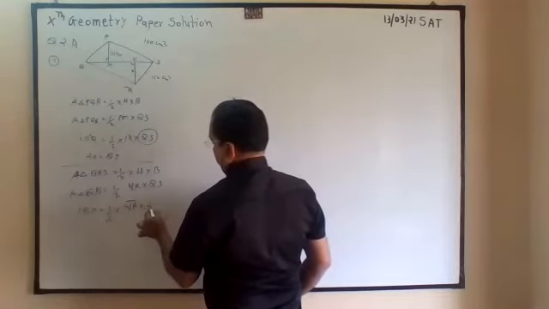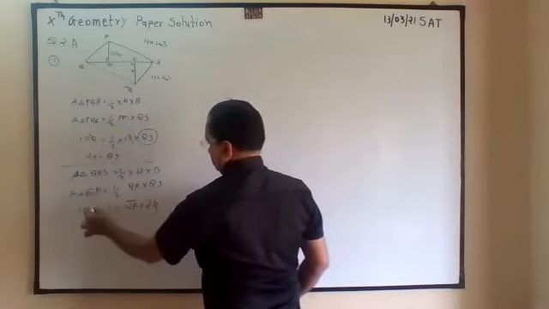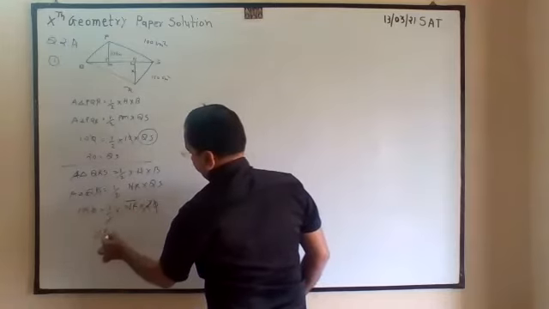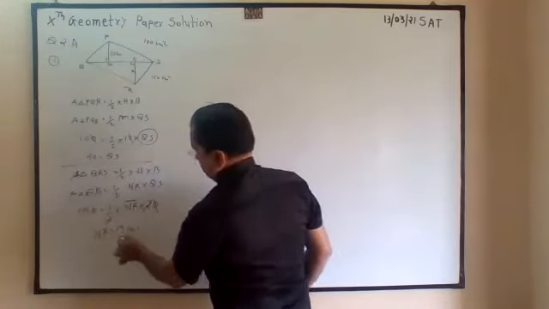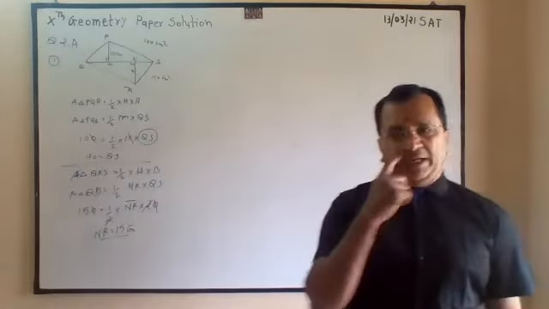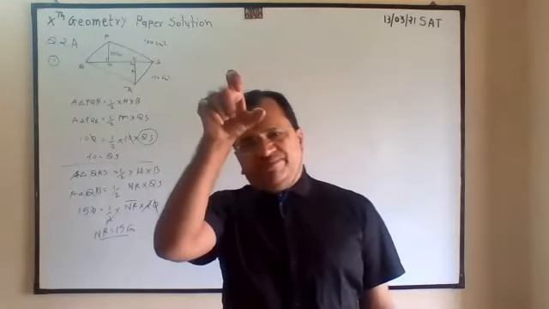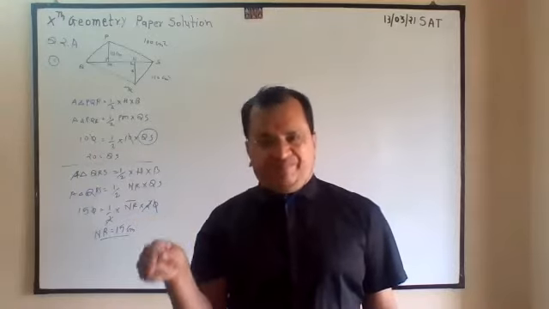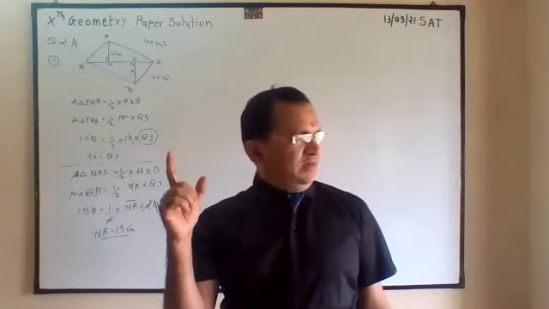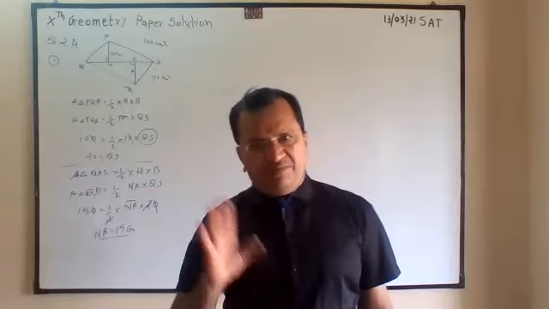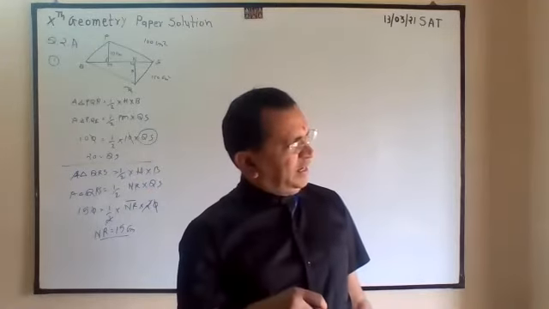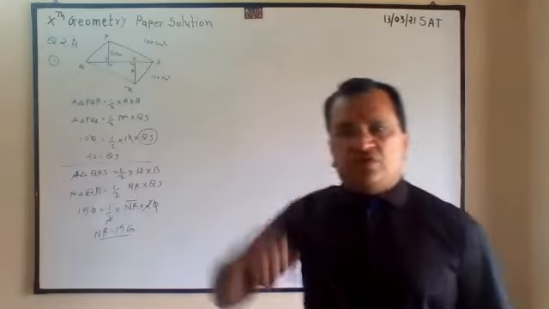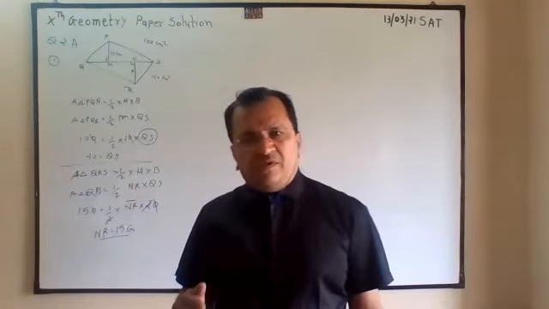QS we got 20, so we'll cut 0, 0 and find NR. Very systematic: with the upper area given and height given, find out the base. Now for the lower triangle, base is given, height is not given, area is given, so find out height.